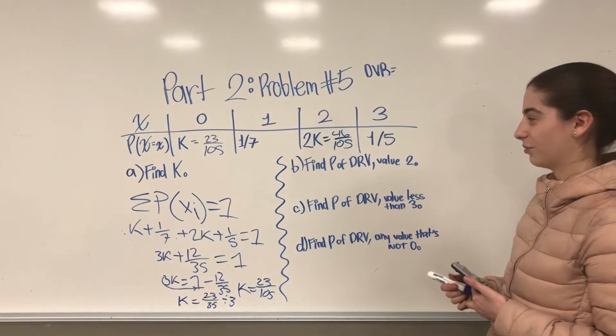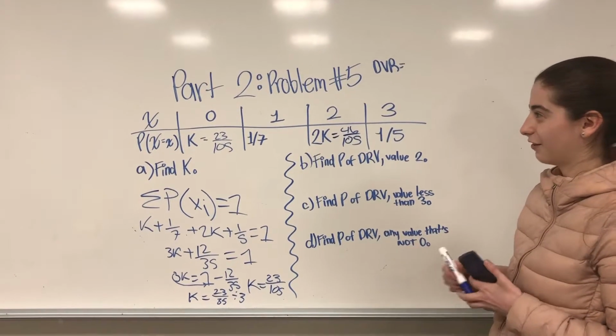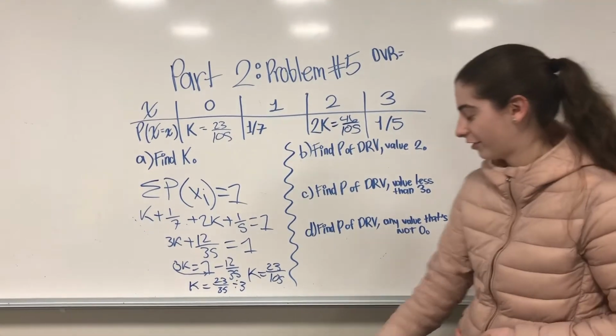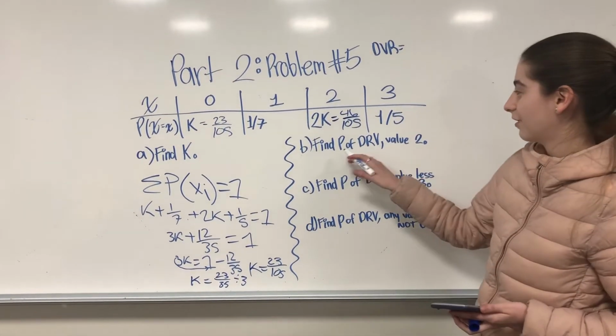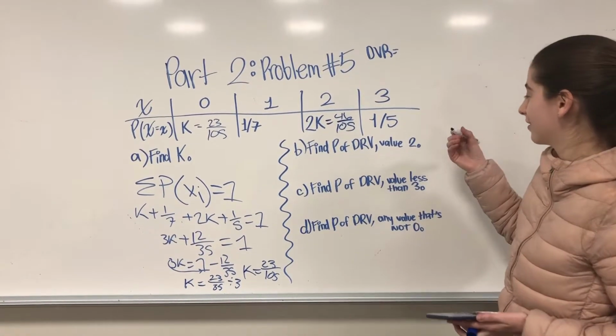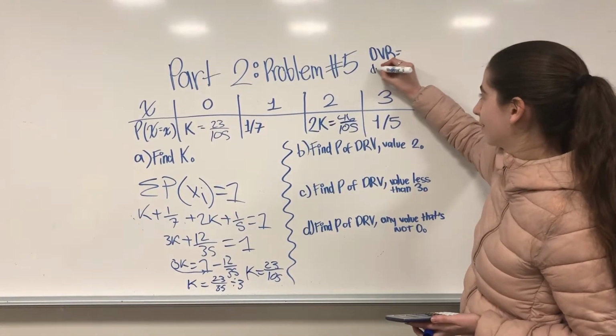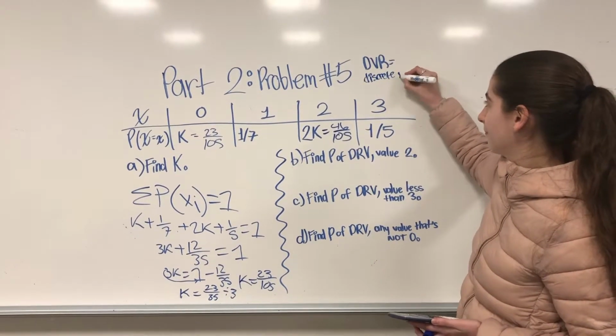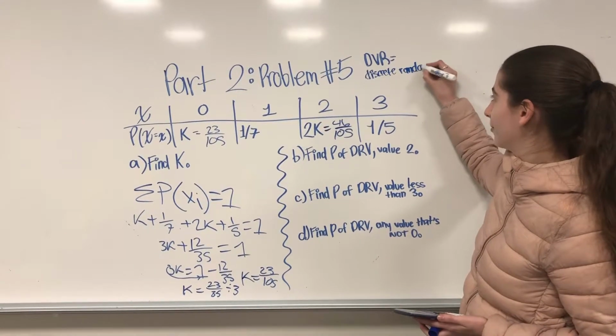Now we can pass to the second part of problem 5, in which we simplified the instructions. P is the same as probability, and DRV is the same as discrete random variable.